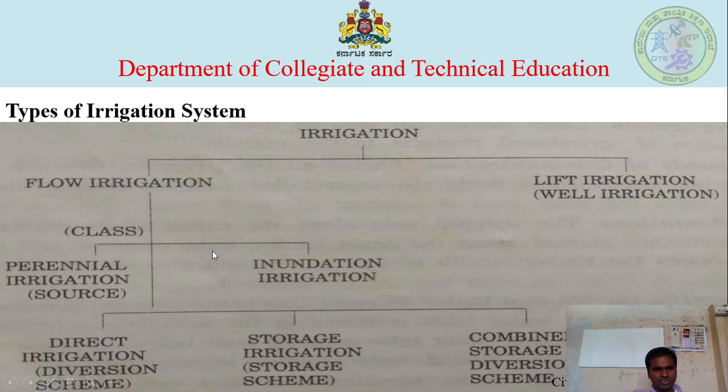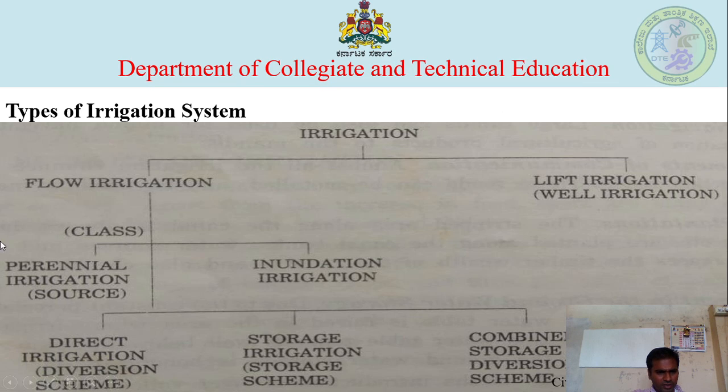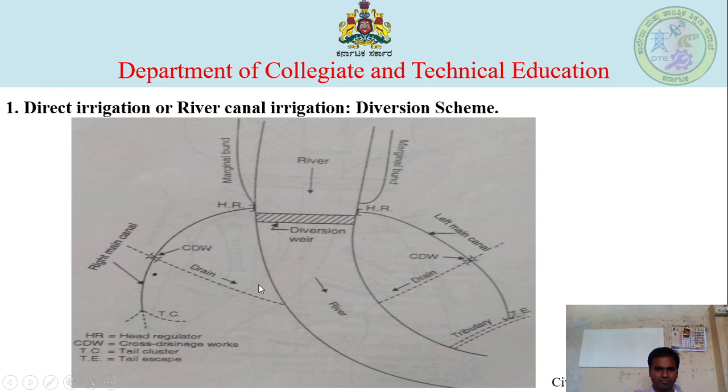This is the flow chart showing the types of irrigation system. First we'll see the direct irrigation system or diversion scheme. See this figure showing the direct irrigation system, also called the river canal irrigation system.